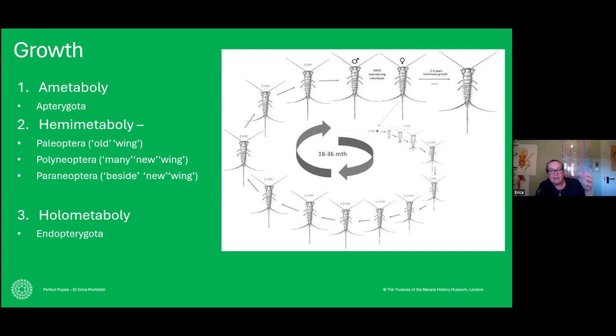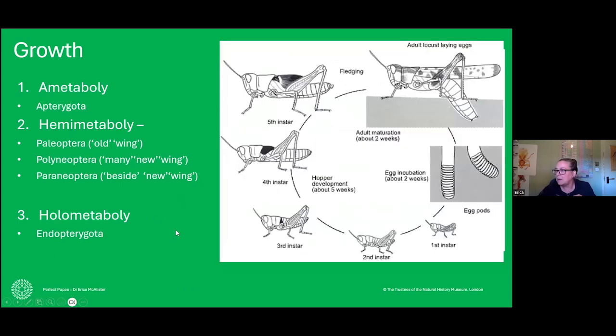But as we move into all the pterygotes, they undergo a more or less marked change in form, whether this be a partial metamorphosis, so not complete, or a complete change in their body plan. So we divide them up into the hemimetabola.